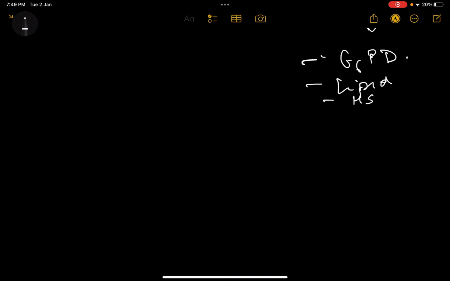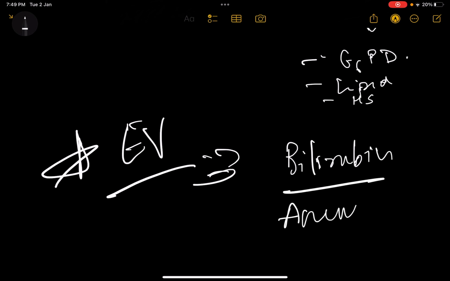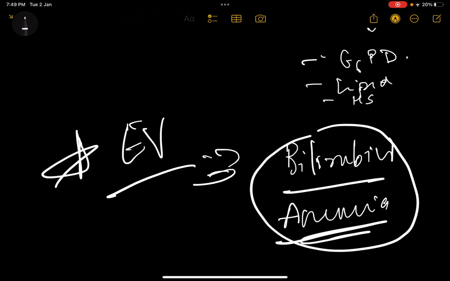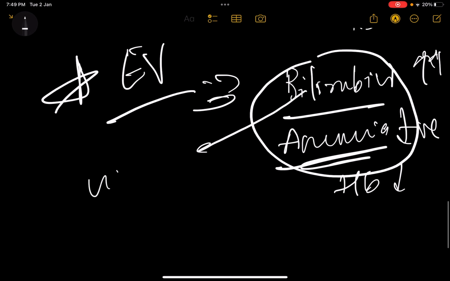Another very important lab finding, now that we've classified extravascular and intravascular, in extravascular would be your bilirubin levels. So you really want to look at your bilirubin levels, and then you want to check for anemia. If both of these things are given in your case, your anemia is positive, because your hemoglobin is low and your bilirubin levels are high. Now you want to check which bilirubin. Obviously, they'll tell you that the unconjugated bilirubin is increased.